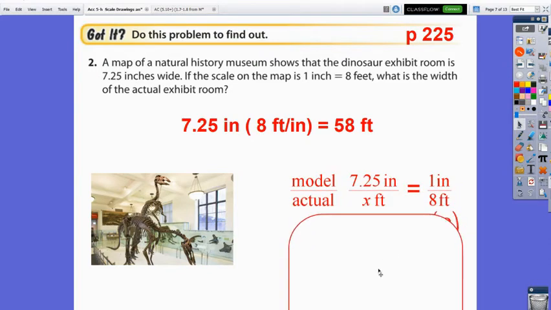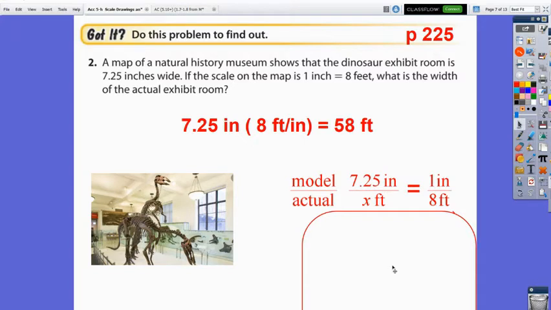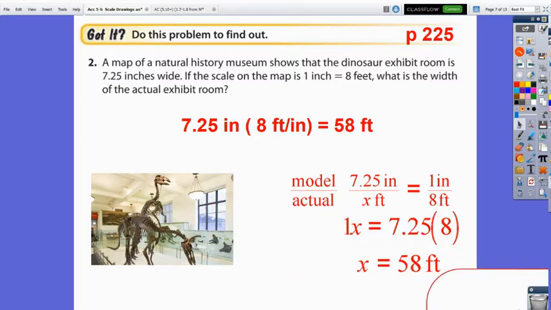Or you could set up a proportion, model over actual, 7.25 inches over x feet, because you don't know what the actual one is, equals 1 inch over 8 feet. And again, if you cross multiply, you get 7.25 times 8, 58 feet. There's no way I would do this problem using the scale factor, okay?